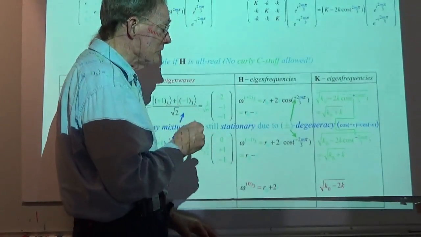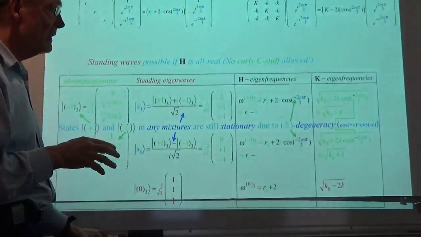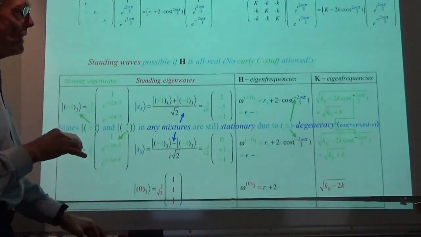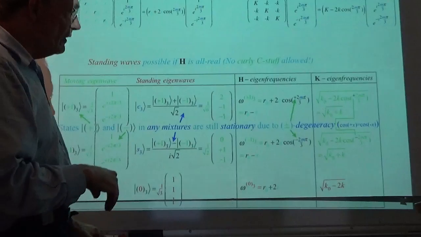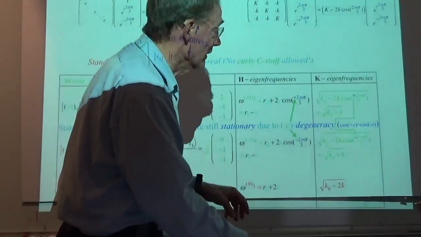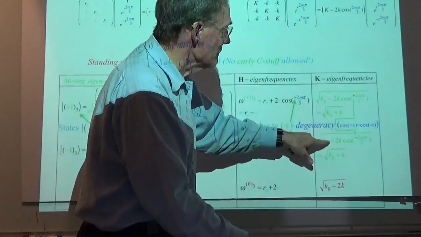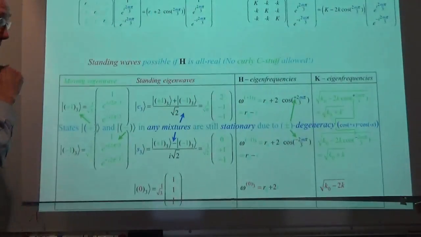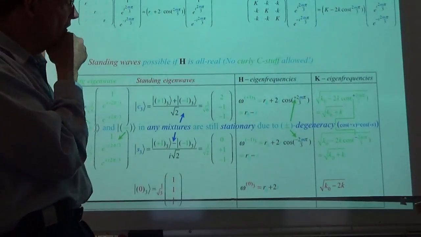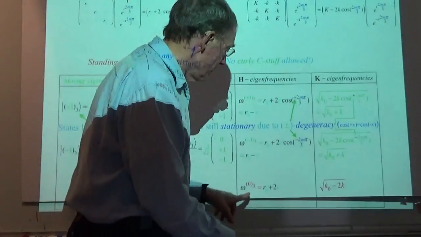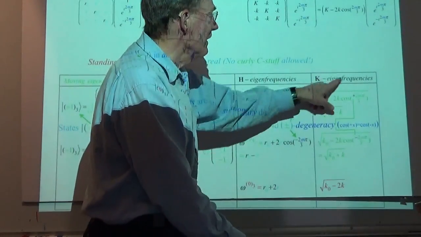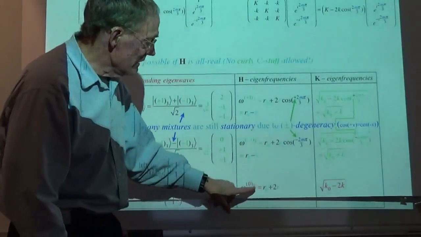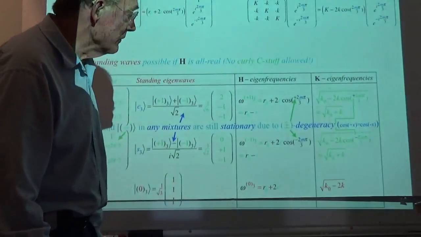Whenever you see a degeneracy, almost always it means the symmetry has changed. And this is a beautiful example of it right here. So these two eigenvalues are equal because of that. Plus and minus doesn't make a difference. Cosine's even. So whether you're doing the k eigenfrequencies or these, you're going to have a degeneracy out there at the high frequency.